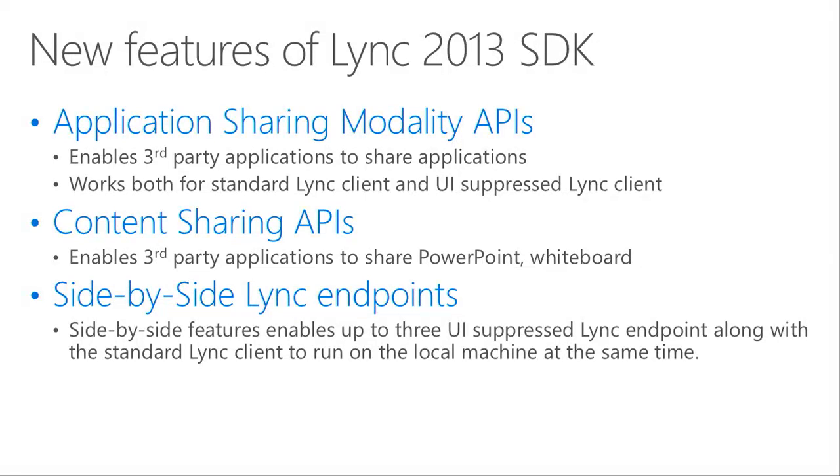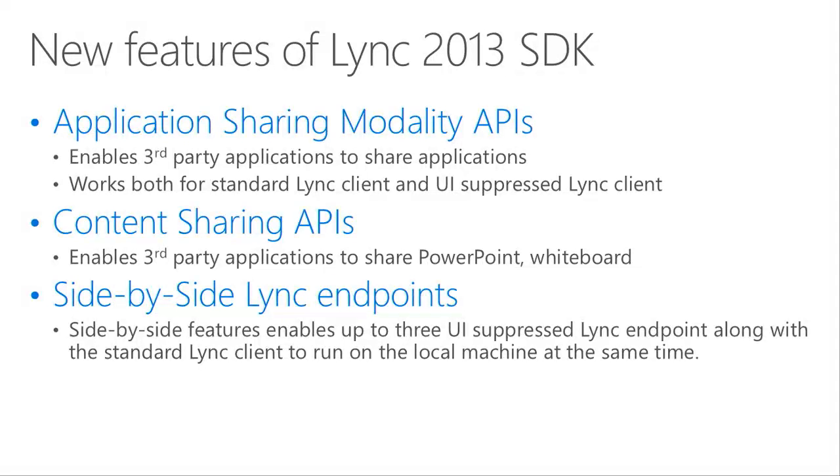The third one is the side-by-side Lync endpoints. That means that previously we could only have the Lync standard UI or the UI suppressed Lync process running. With this capability, you can literally have up to 3 Lync endpoints running on a single machine. You can have your main Lync UI running using your main credentials. You can have another Lync process running, signed in with a different credential.